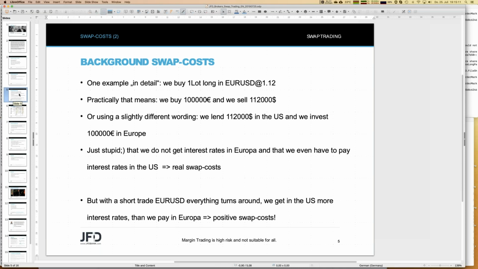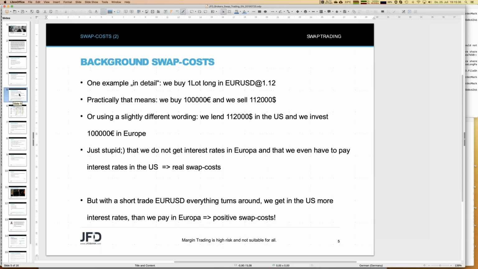Okay, and the example is, let's buy one lot long euro US dollar. So here, I open a trade euro US dollar, one lot long. That's all. What happens behind the scene, so to say? Let's assume that the exchange rate is 1.12.